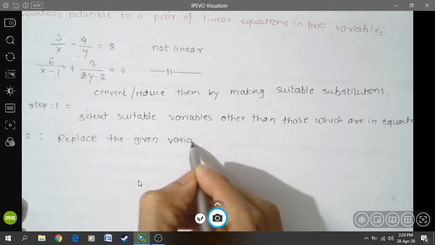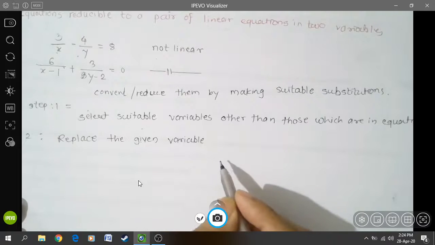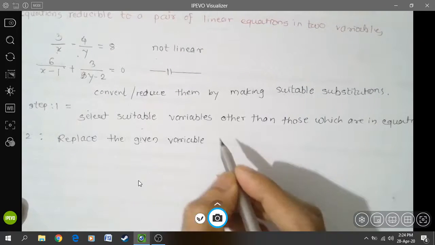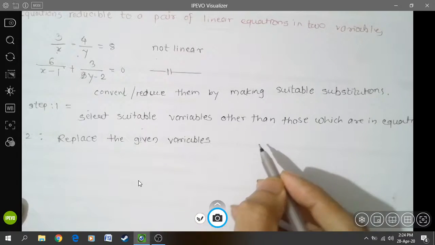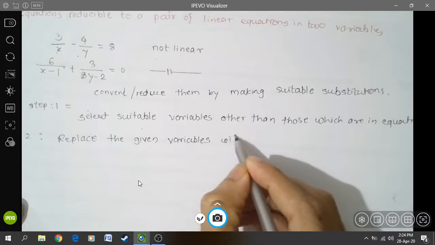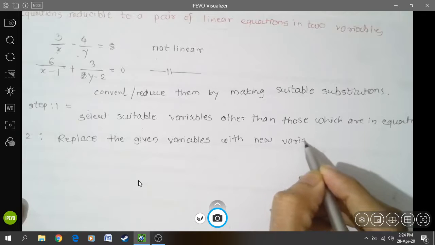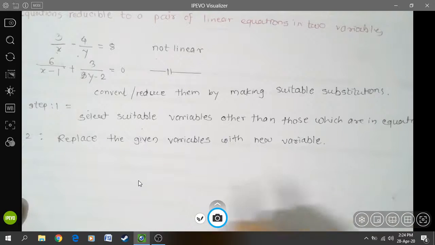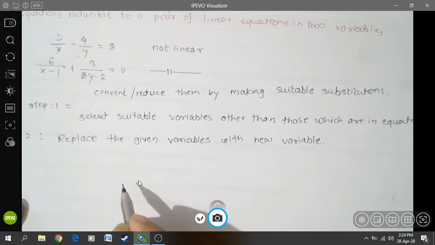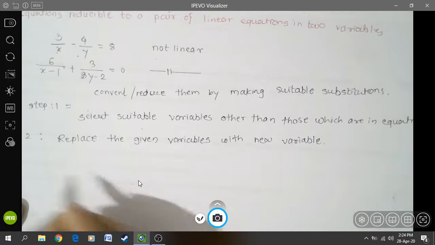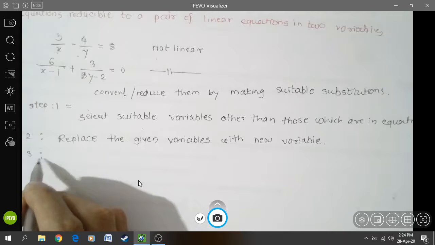Given variables means the variables which are in the original equation. After selecting the variables, we just replace them in the equation. Then step number 3.